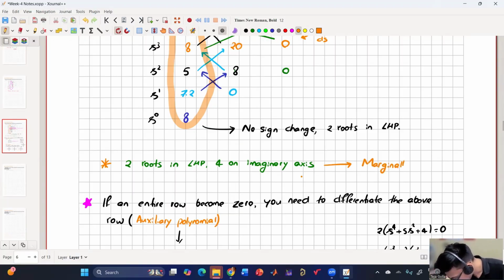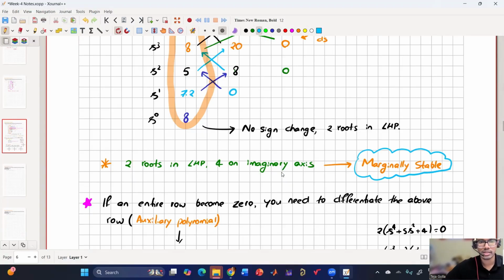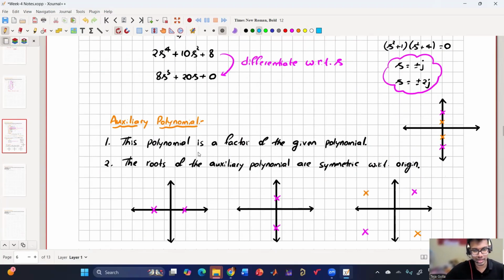So this is one special condition where the entire row becomes 0 and then we'll consider the auxiliary polynomial, and then the auxiliary polynomial has again two conditions. The one is that it is a factor of the given polynomial, so we can find the roots of this auxiliary polynomial, which will be the roots of the given polynomial, and the roots of this polynomial are symmetric with respect to origin.